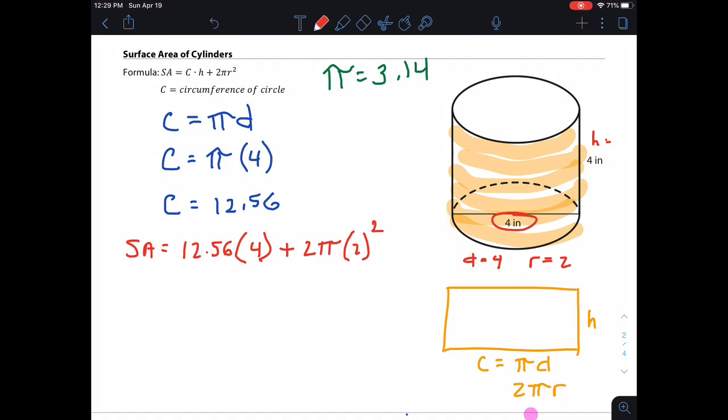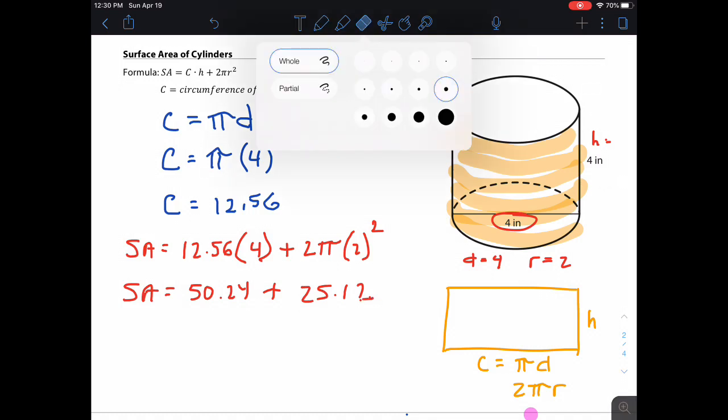Okay, so we got a lot of simplifying to do. Remember, use 3.14 for that second pi over there so we don't get some crazy decimals. So we have 12.56 times 4. Well, that's 50.24. And then if we simplify this whole thing on the right-hand side, it ends up being 25.12. It's exactly half of 50.24.